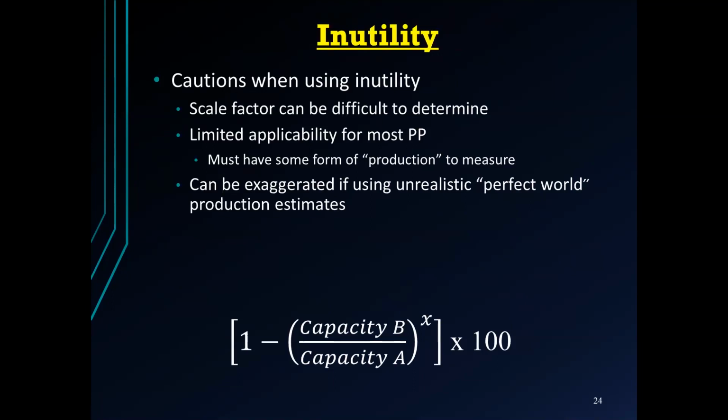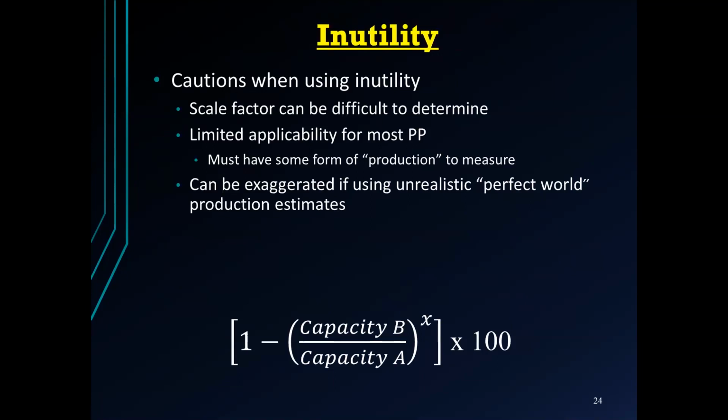Inutility only works if you have some sort of capacity that can be measured and that therefore is subject to inutility. So for most personal property that you're appraising in the counties for tax purposes, this inutility factor is not at all helpful because you can't measure some sort of expected output or anything like that.